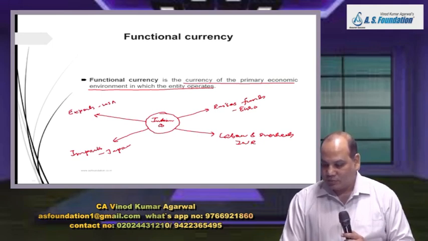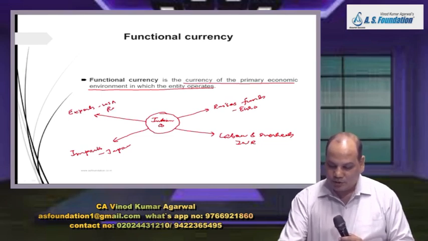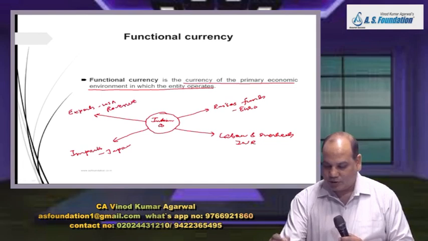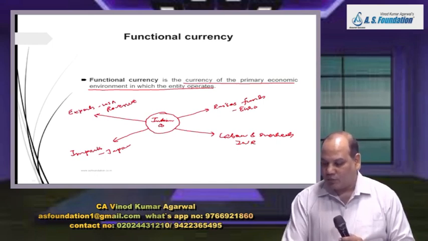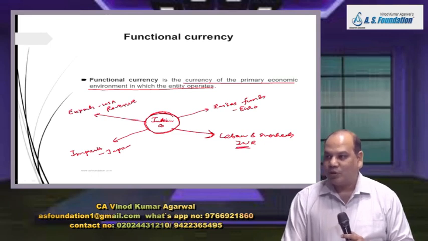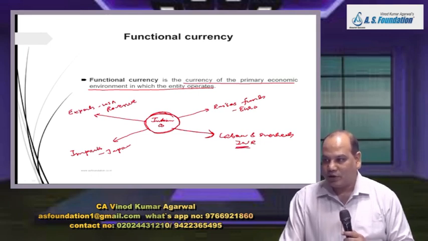INR. Why? Because labor and overheads are incurred in INR. But don't you think your revenues are also an important factor to be considered? So this may require judgment at some time. Although normally this Indian company would choose its home currency as functional currency, because many transactions they do in functional currency only: payment to labor, overhead, taxes.